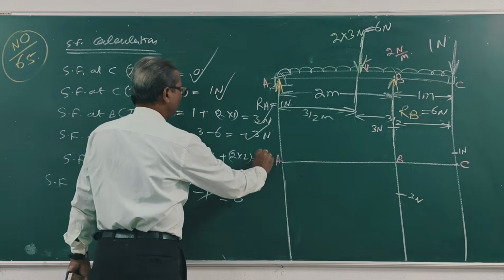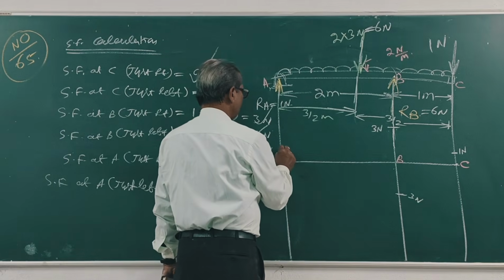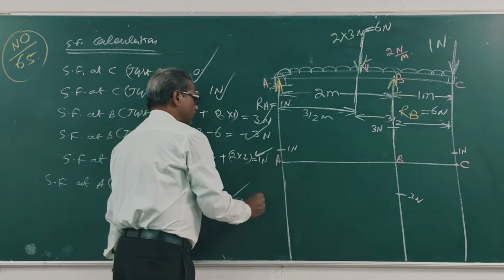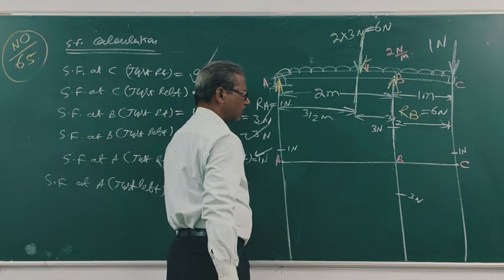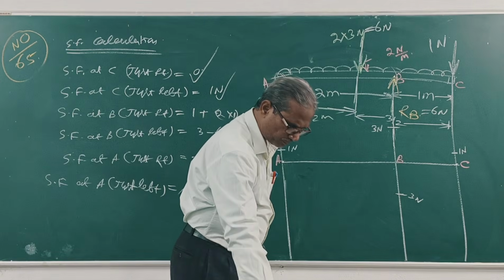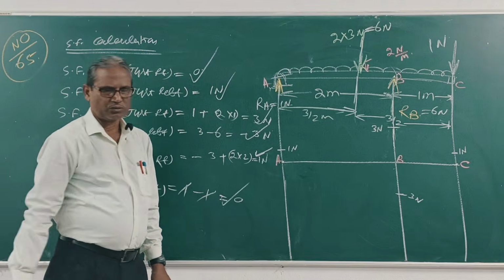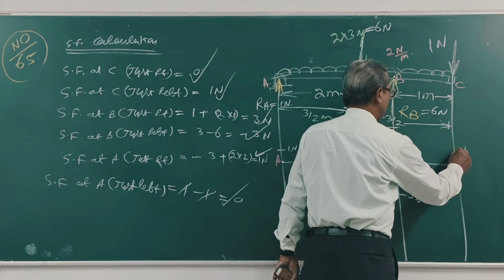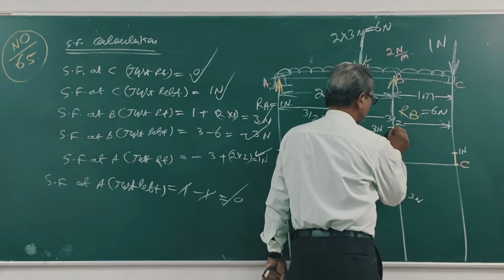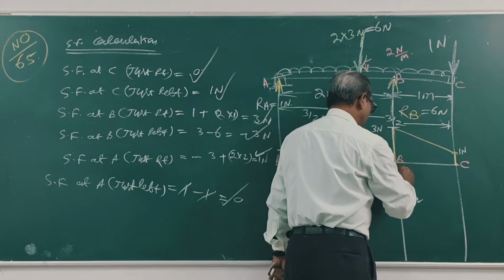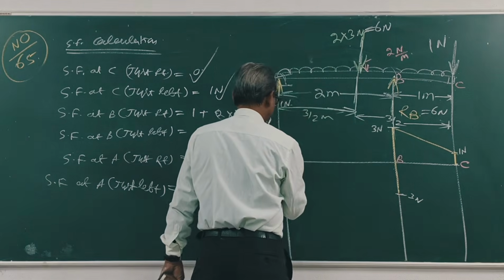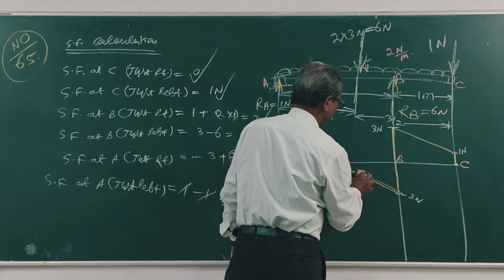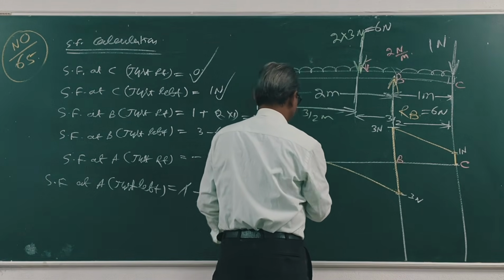A just right is 1 Newton. A just left is 0. Clear? This is 0, 1 Newton, 3 Newton, minus 3 Newton, 1 Newton, 0.